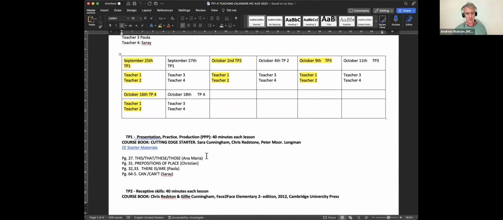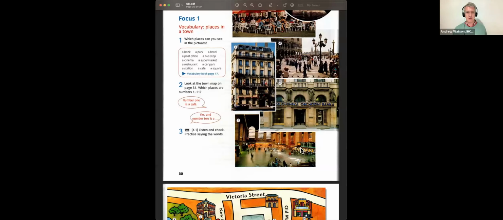So, Christian, you're covering prepositions of place, page 31. Looking at the material, you've got some quite attractive, colourful material to use, so I suggest using it.